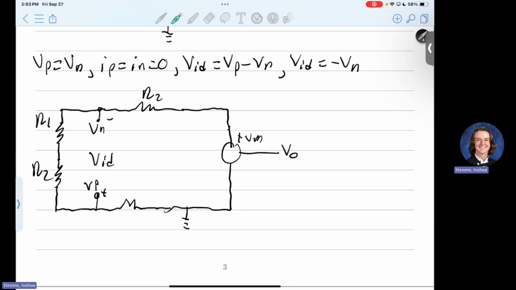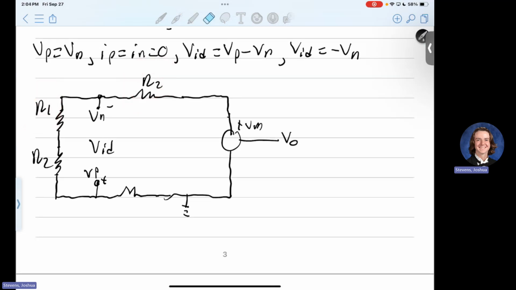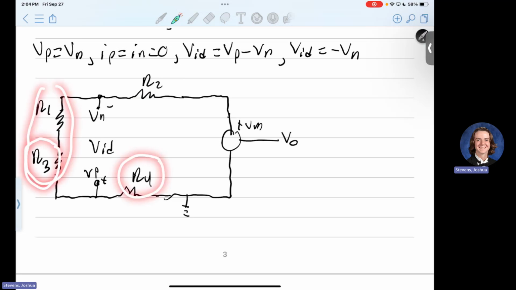That should be an R3, and that should be an R4. And this VP node is tied to R3 on the left, R4 on the right, and R3 and R4 are in series. Are we in agreement? Any questions of what I did? No? Sweet. Okay.